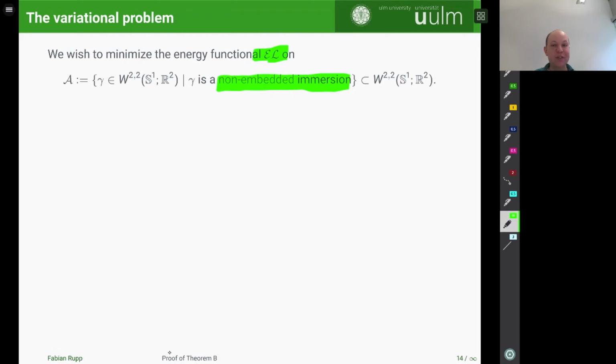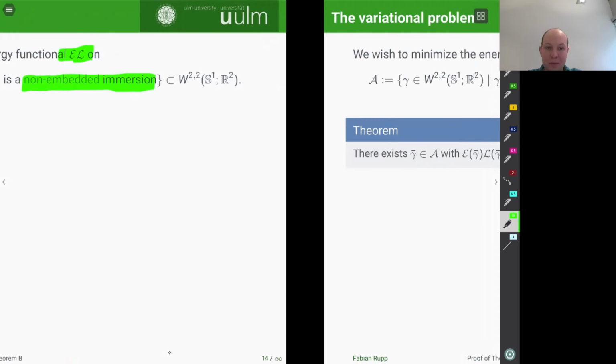We do this minimization procedure to find our critical threshold. And this is a variational problem, since the space of the domain is one-dimensional. It's not too difficult to prove existence of a minimizer here via the direct method in the calculus of variations. So I will give a rough sketch of the existence theorem now.